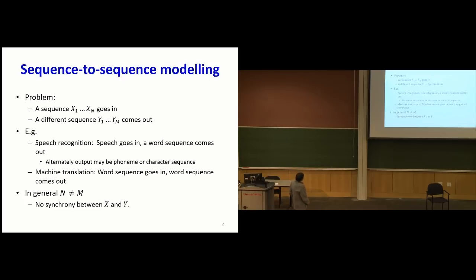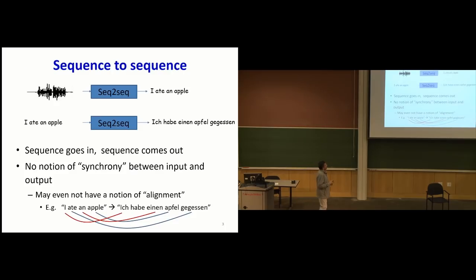So speech recognition, speech goes in, a word sequence comes out. In machine translation, a word sequence goes in, a word sequence comes out. What is characteristic of these problems is that the number of symbols that goes in may not be the same as the number of symbols that comes out.